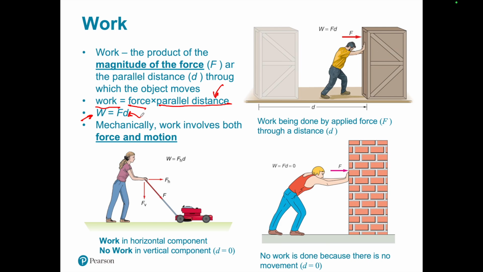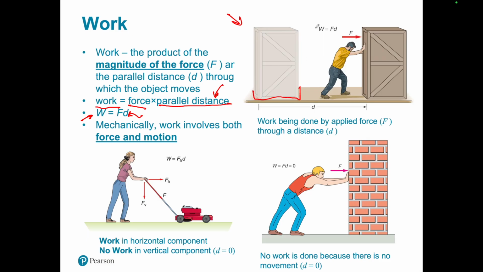So what's the important thing about work? The important thing about work is that you can put all the force you can onto an object, and if it doesn't move, then no work is done. The object has to change its position for you to have done work. That's what's happening with this particular guy. He's got this crate sitting right here.